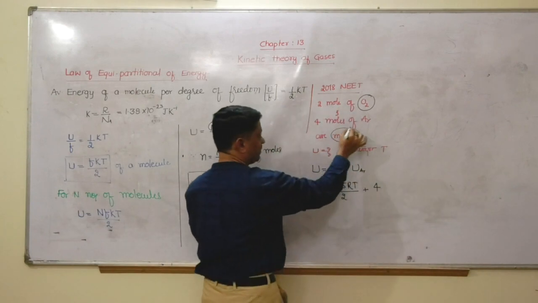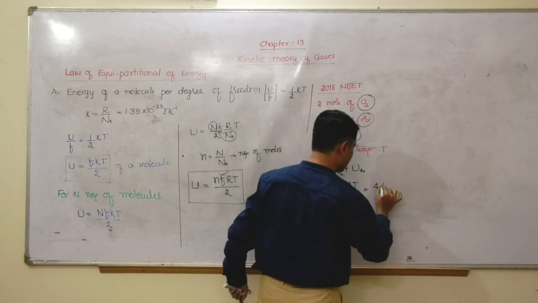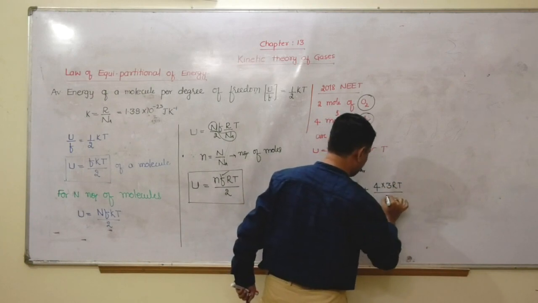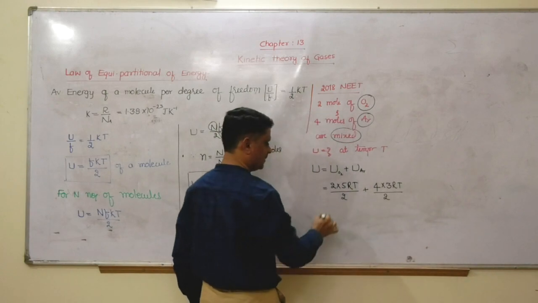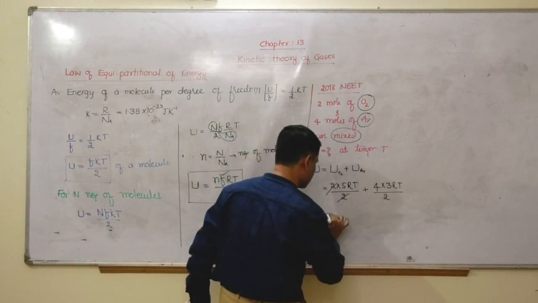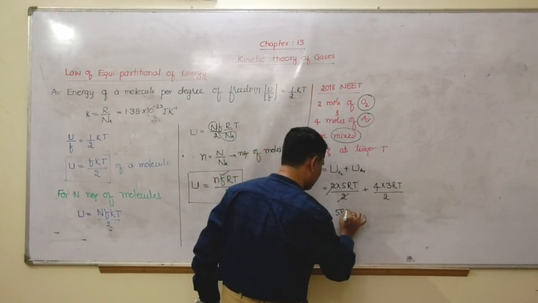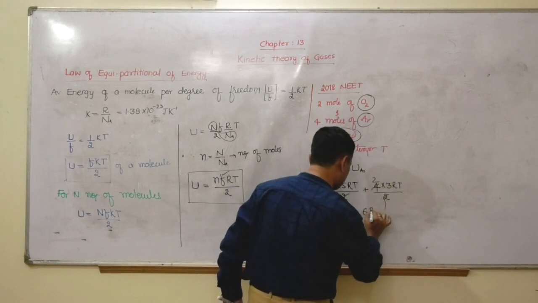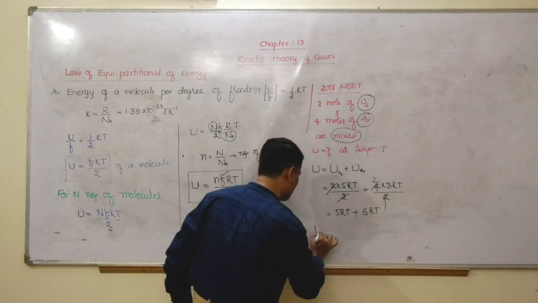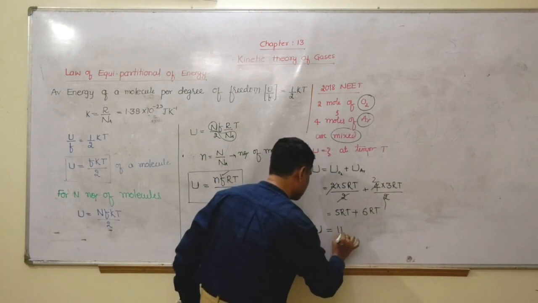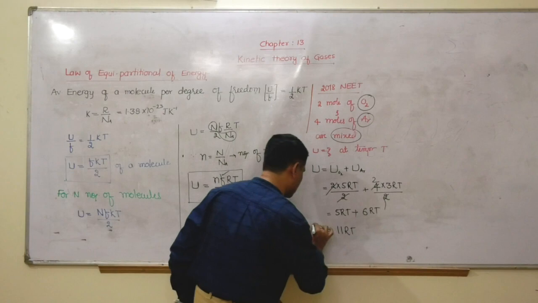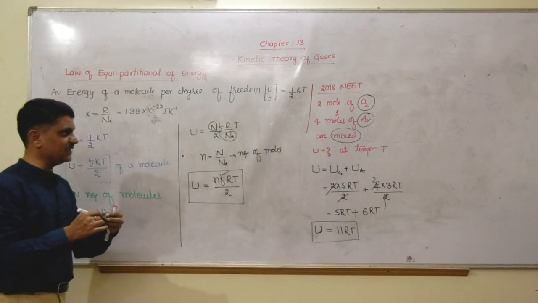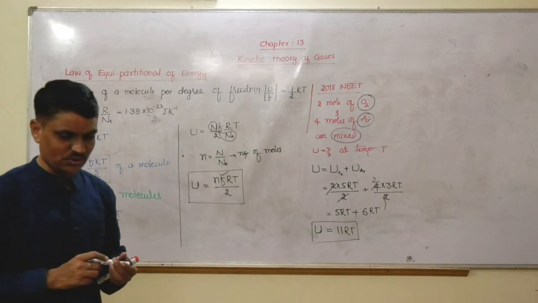F, degree of freedom, argon is monoatomic, therefore it is 3, RT divided by 2. So this 2 gets cancelled, we are left with 5 RT plus 2 threes are 6 RT. So total energy of the gas is 11 RT, right? So this is the answer. It is a 2018 NEET problem. Please note down.